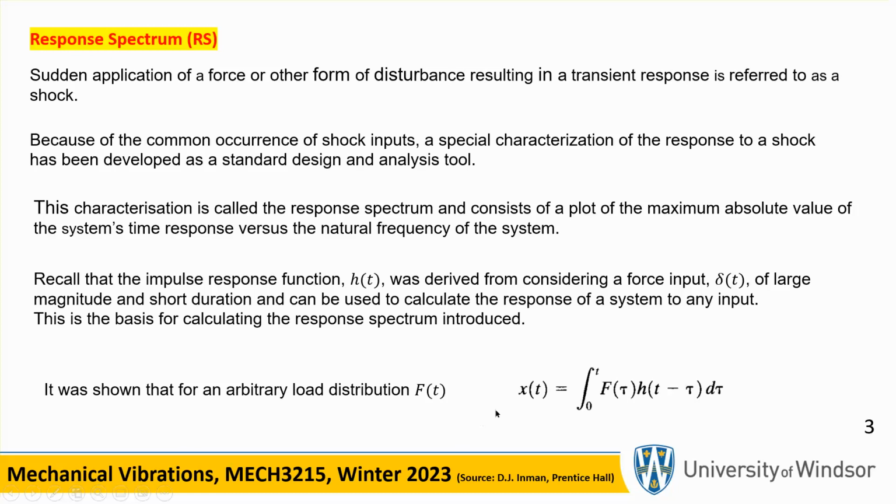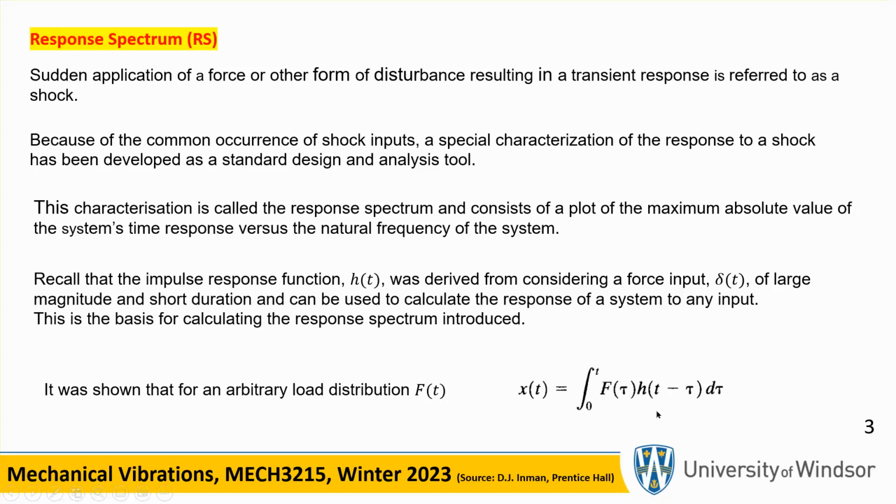Let me remind you that if you have an impulse loading, the response is h of t. If you have an arbitrary loading f of tau, you take the convolution between the loading function and the impulse response function.